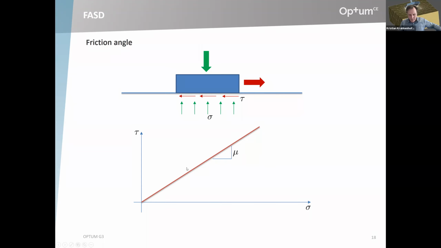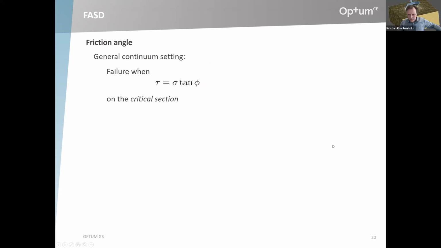We can plot this failure criterion, and then we can characterize this failure envelope by the inclination to the horizontal, and that gives us the famous Coulomb criterion. Shear stress is equal to the normal stress times tan phi at failure. So again, like everything else pretty much in geotechnics, it starts in 2D, and then you somehow generalize in a straightforward, more or less way to 3D.